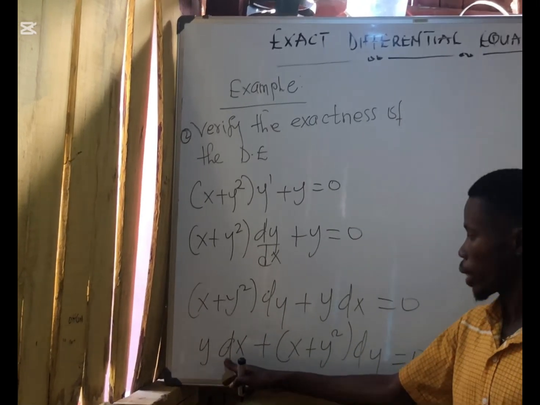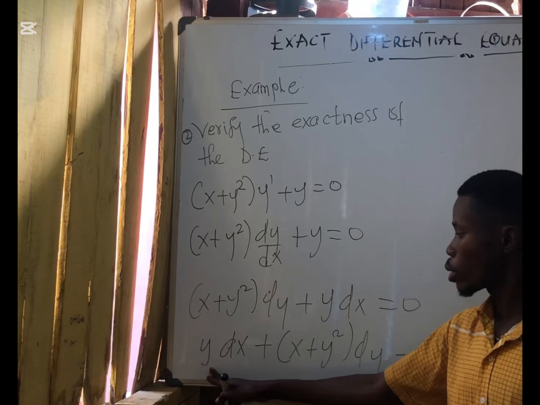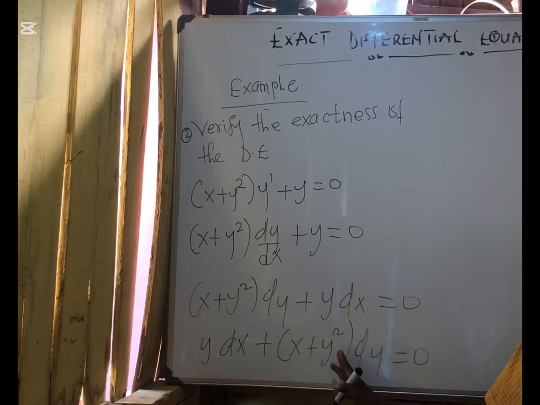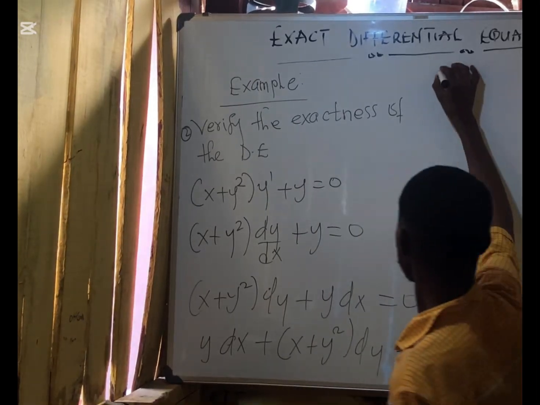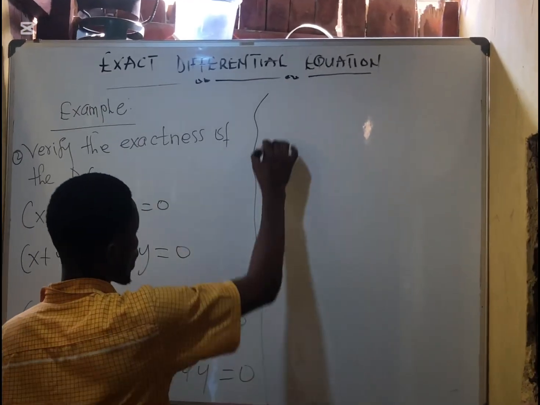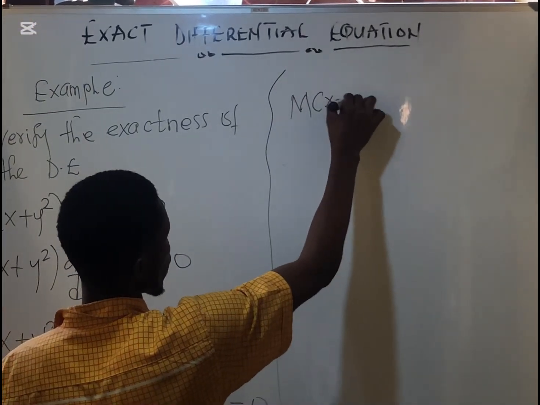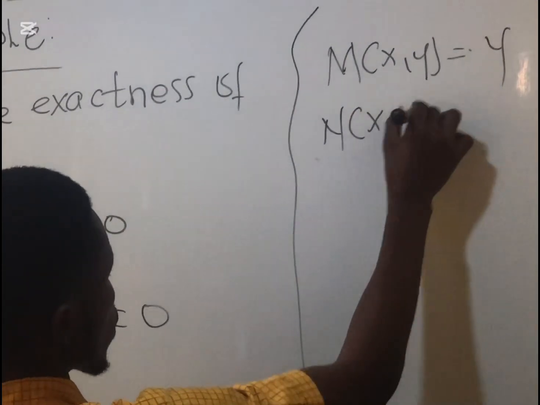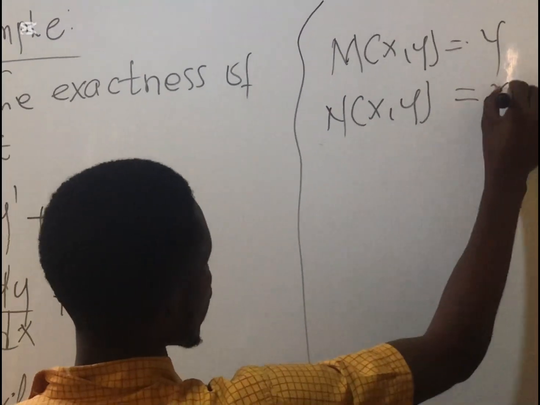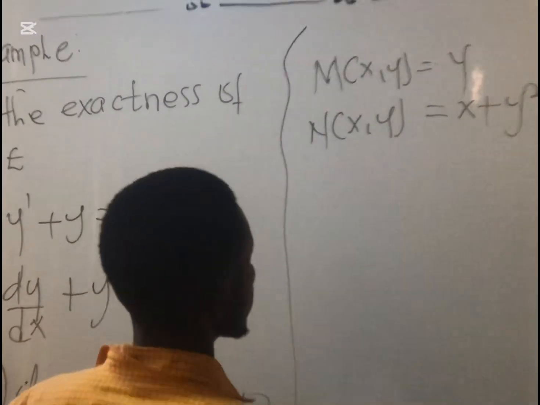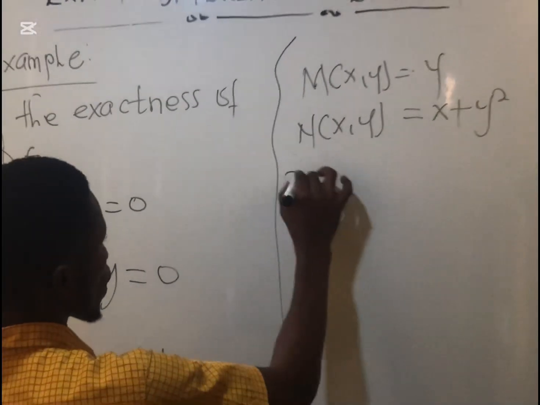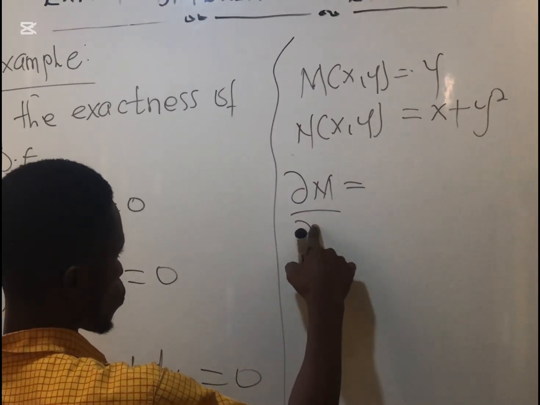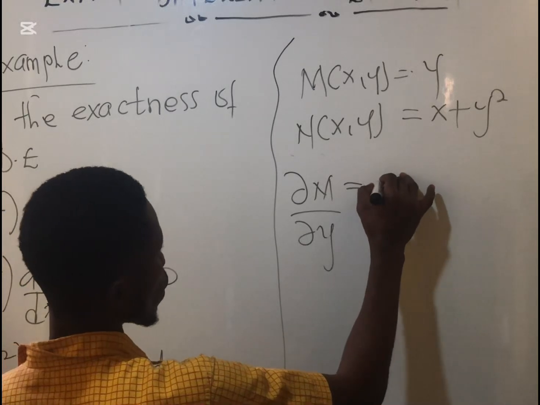So this one, the one that's attached to the dx, is always what? For the M, and those that are attached to the dy are always for the N. Is that okay? Meaning that my M in terms of x and y is equal to y, and my N in terms of x and y is equal to x plus y squared. So first I take the partial derivative of M with respect to y, and that will give me 1.